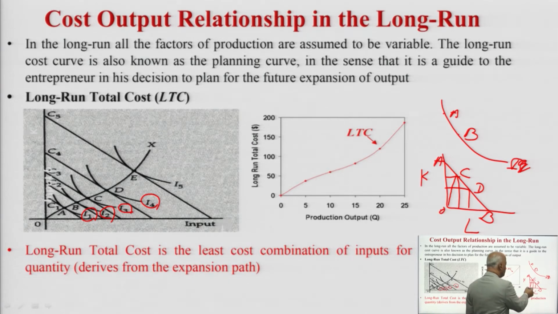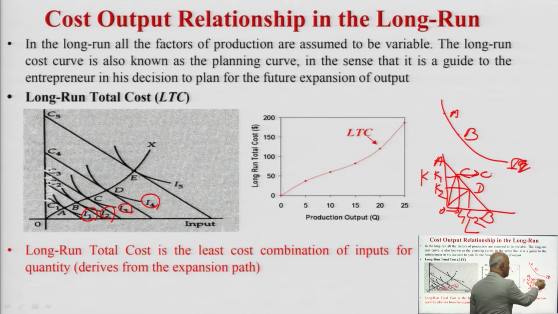That means OQ is the level of output that can be produced by using OK1 units of capital and L1 units of labor, and similarly K2 units of capital and L2 units of labor, and the production is the same here.